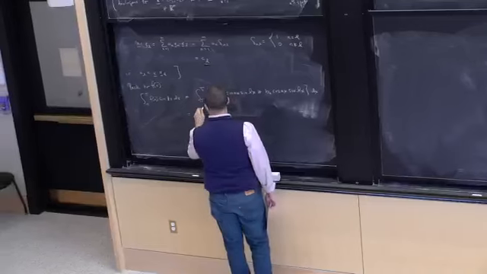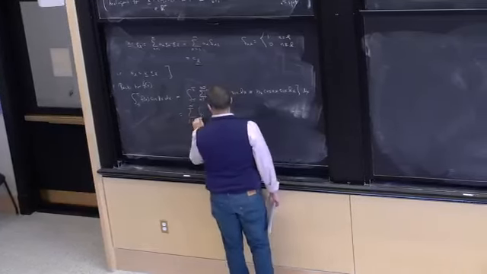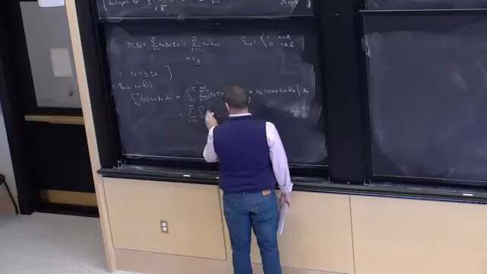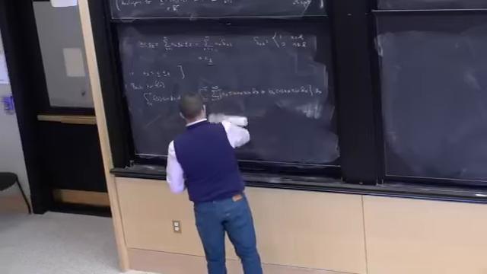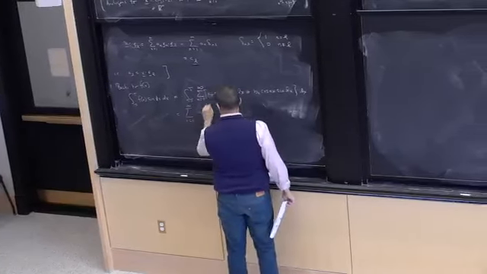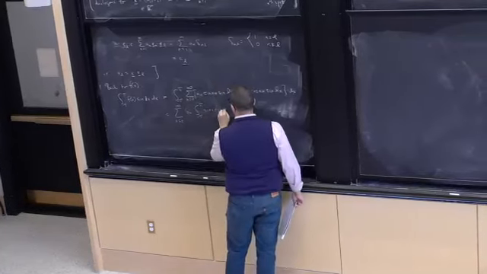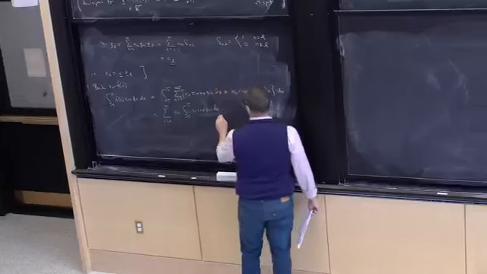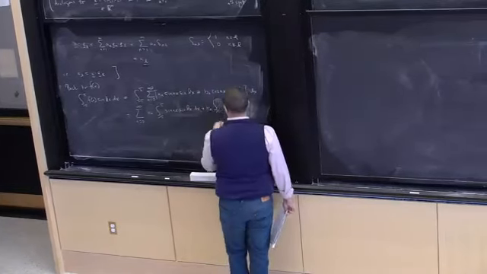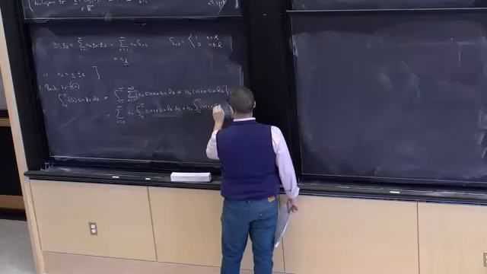So assuming I can switch these two limiting processes, then I pick up a sub n integral from minus pi to pi of sine nx sine Lx, plus b sub n integral from minus pi to pi of cosine nx sine Lx dx.